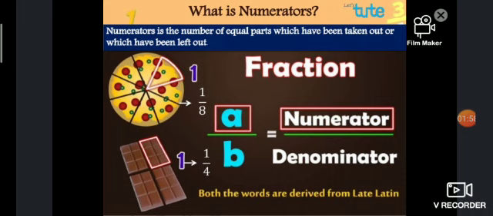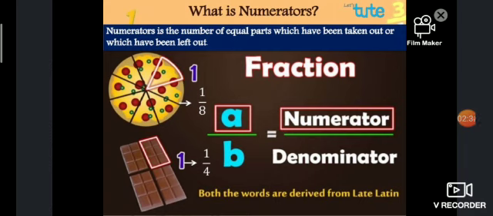What is the numerator? The numerator is the number of equal parts which have been taken out or which have been left out. Like one pizza has been cut into 8 pieces, and you are talking about 1 piece out of 8 pieces. That one will be the numerator.